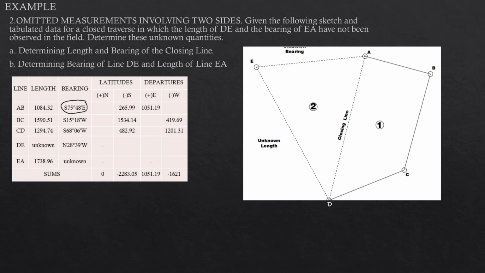So, sabi natin yung point A natin. Okay, so dito yung south, then east. Then, meron tayong given na 75 degrees, so nakadikit dito sa east. Yan. Ito yung bearing natin ng AB. So, meron tayong 75 degree 48 minutes. Then, meron tayong length na 1,084.32.